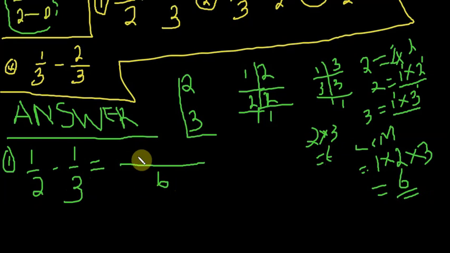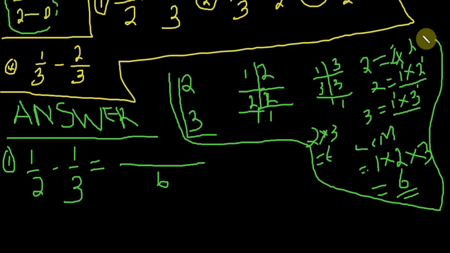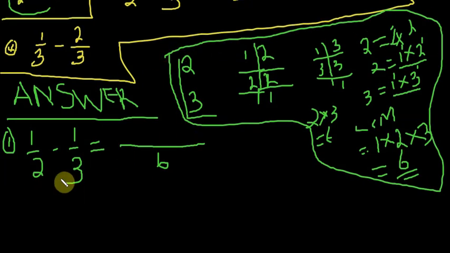To get our numerators, since we got the denominator of the new fraction by multiplying, we can cross multiply.